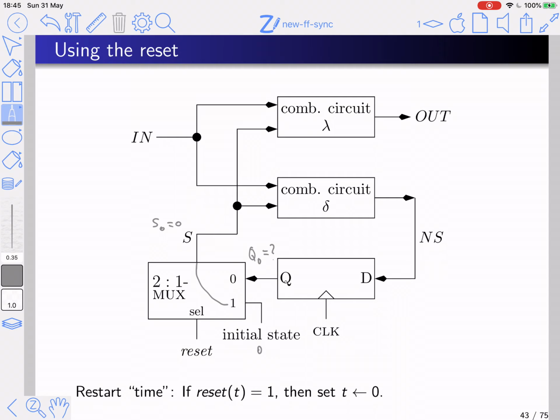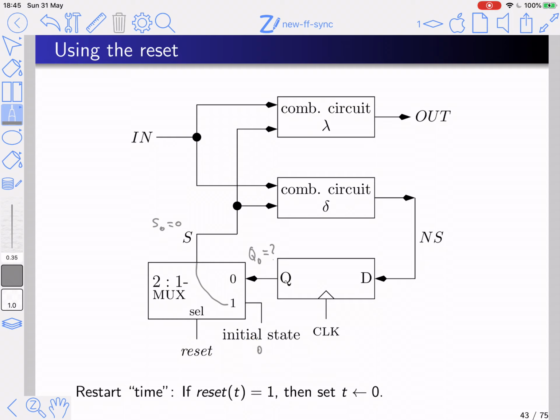Okay, so whenever you do a restart, the reset is 1, you set t to be 0, since the reset is 1, you define the clock cycle to be clock cycle 0. You select this input in the mux, and S0 will be equal to the initial state, which we chose to be 0.